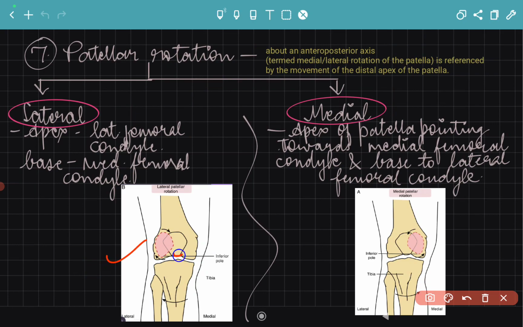As can be seen in this diagram, the apex of the patella, this is the center position. Now the apex has moved to the lateral side. That means the patella is rotating to the lateral side. So the apex is towards the lateral femoral condyle and the base is slightly towards the medial femoral condyle.